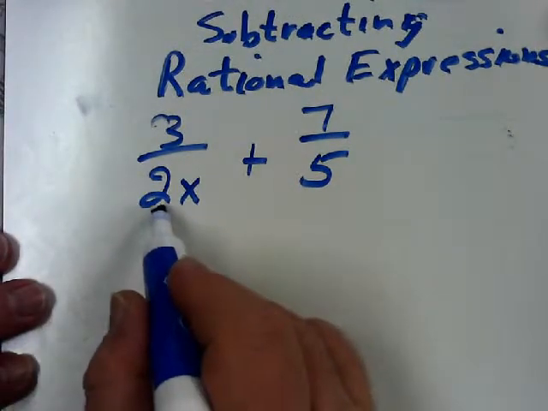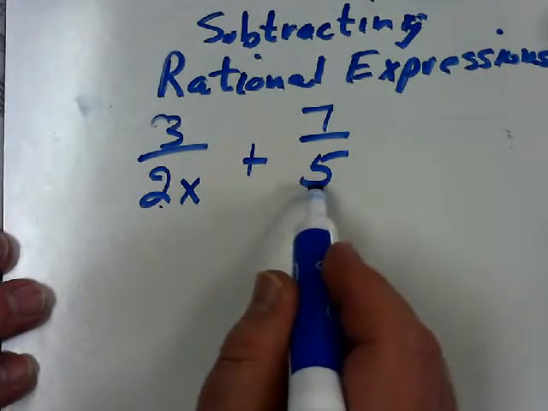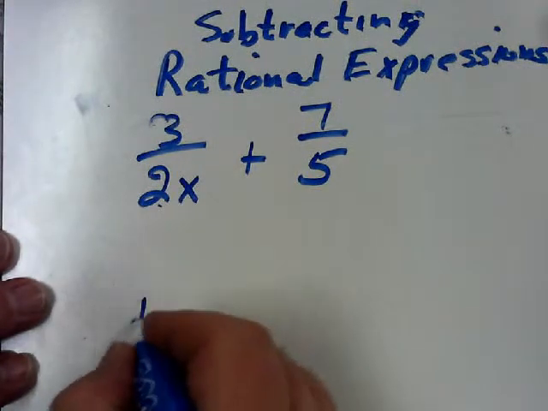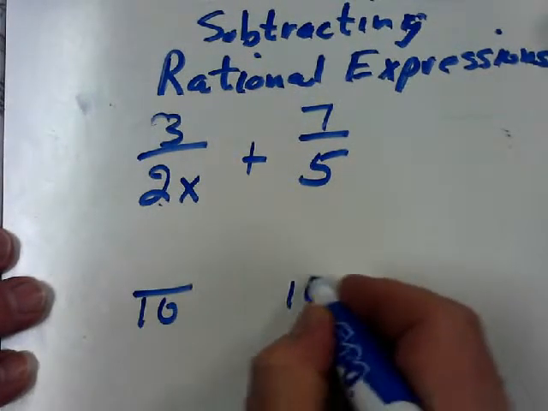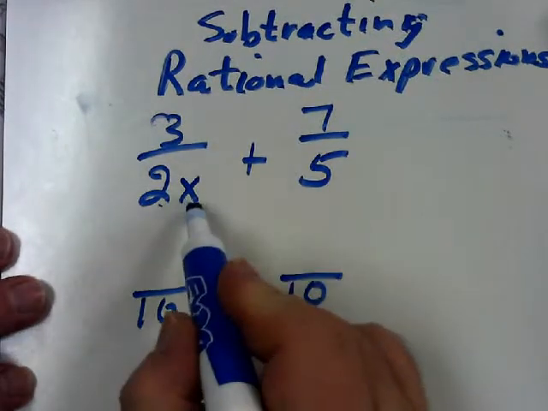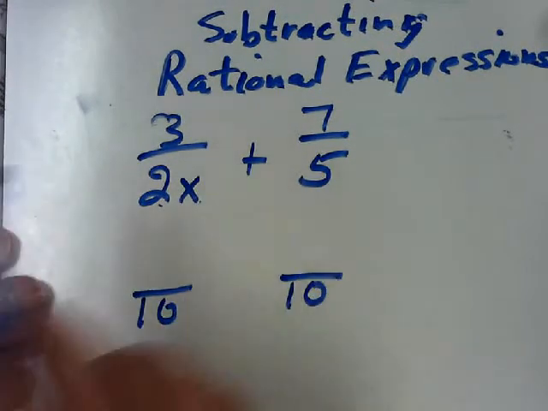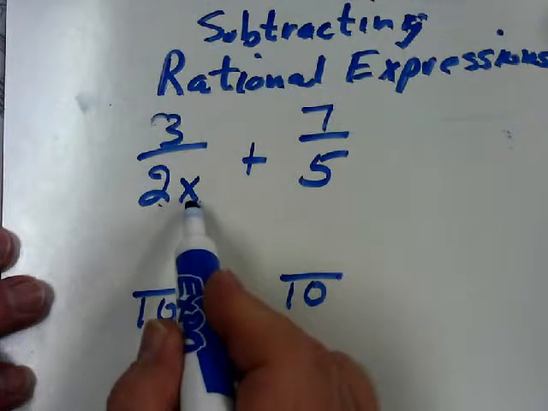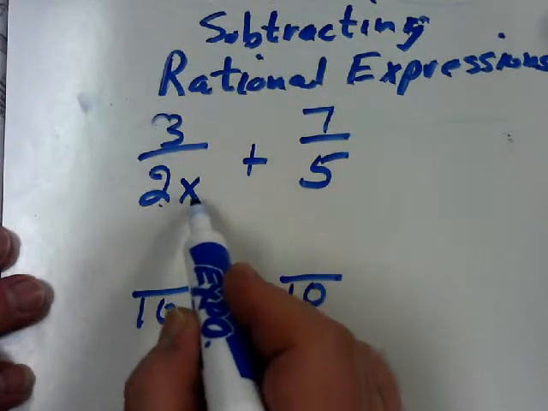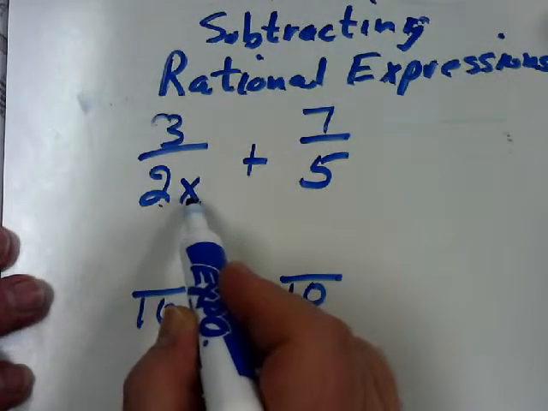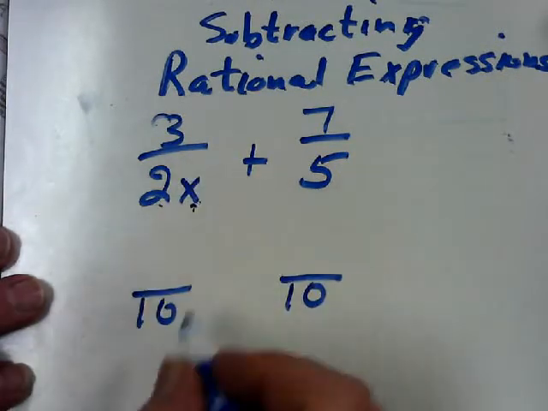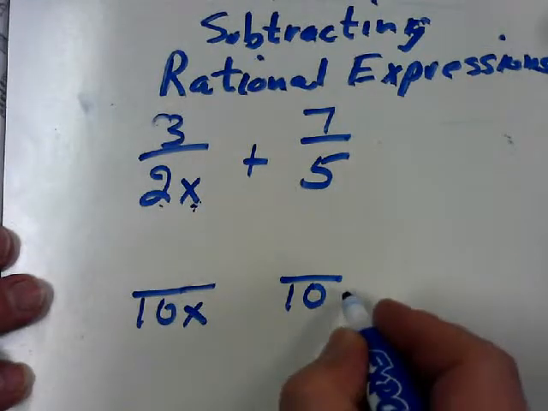So first I would find the common denominator between 2 and 5. Yes, 10. What's the common denominator between x and nothing? It's easy with variables, because if I have a variable, you look for the largest exponent. In this case it's 1, so I'd have 10x, 10x.